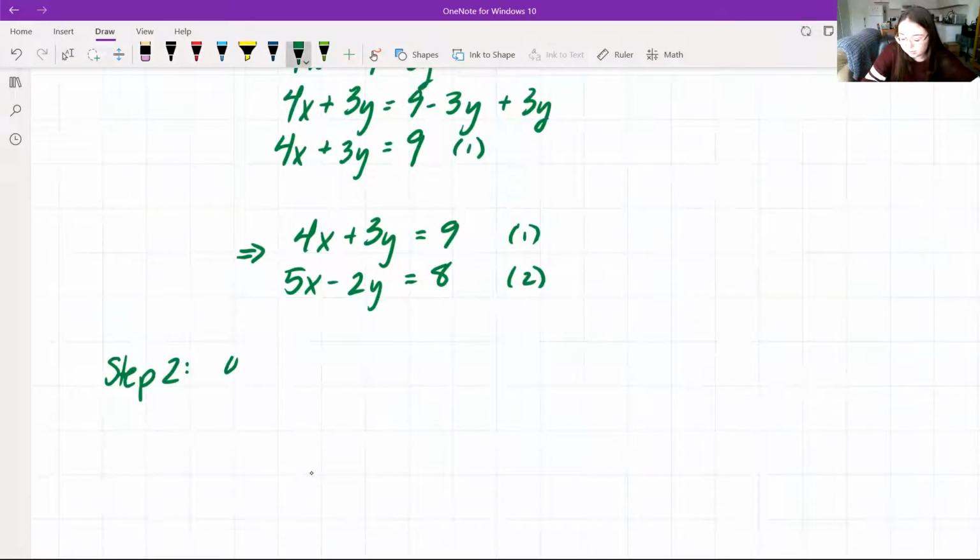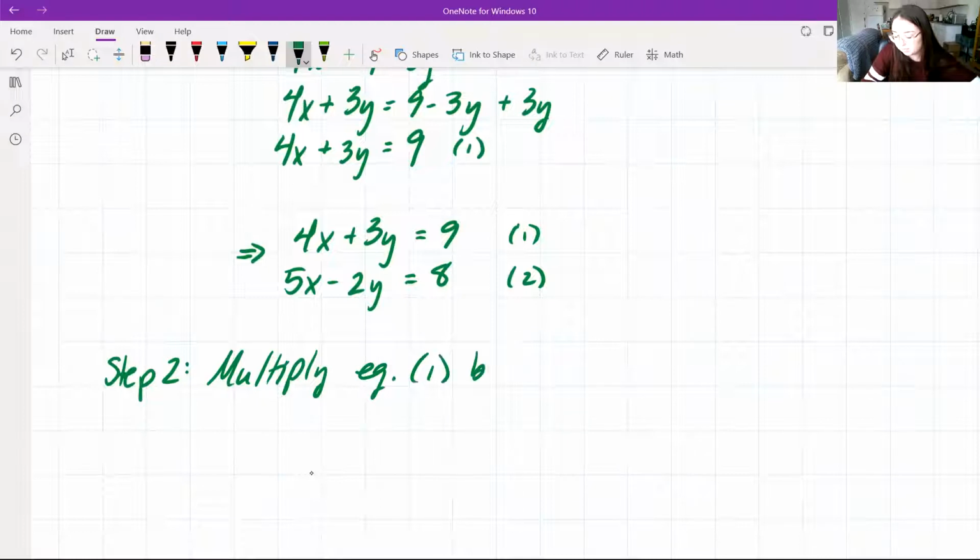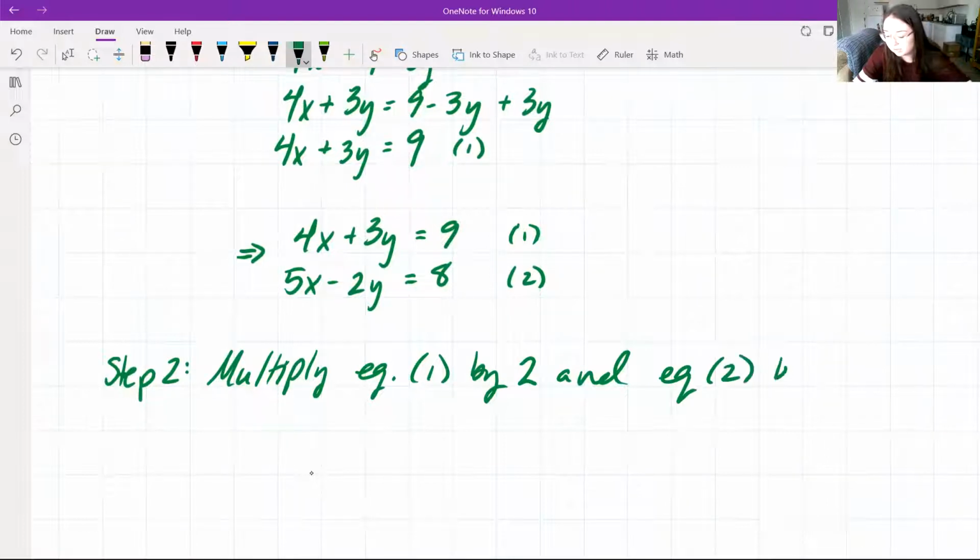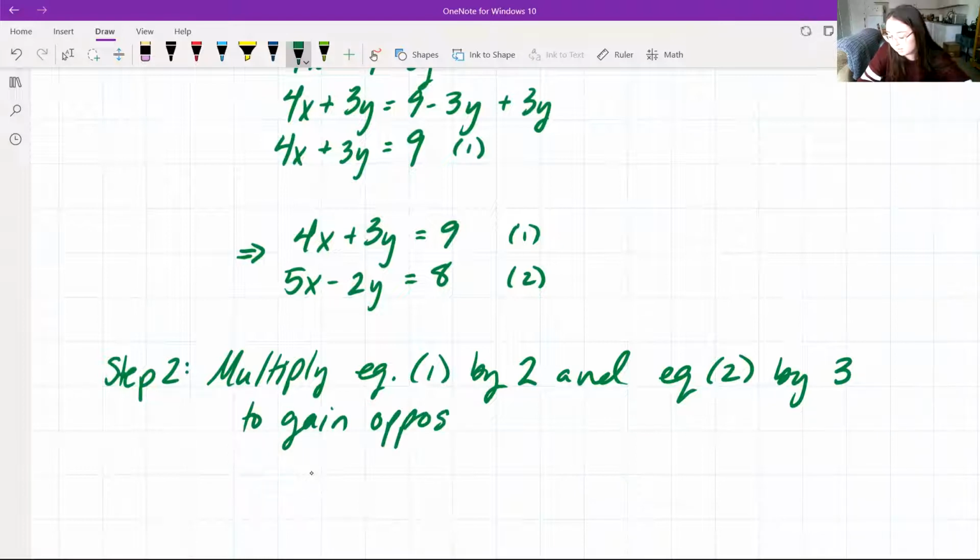So we're going to multiply equation 1 by 2 and equation 2 by 3 to gain opposite coefficients of y.